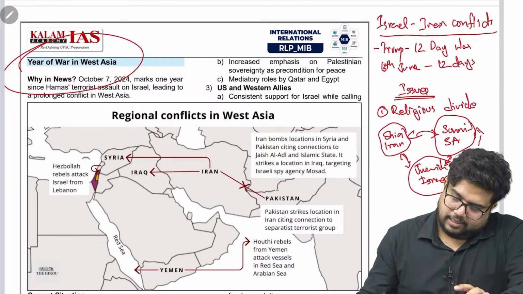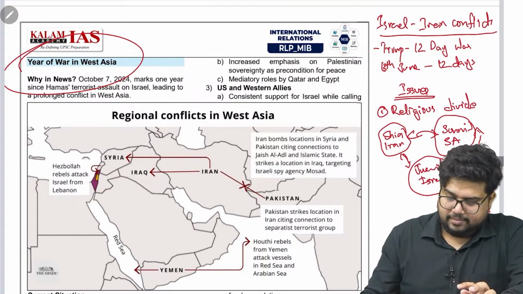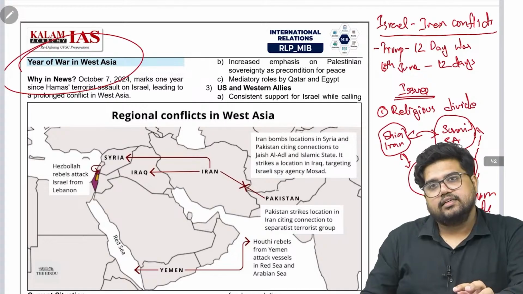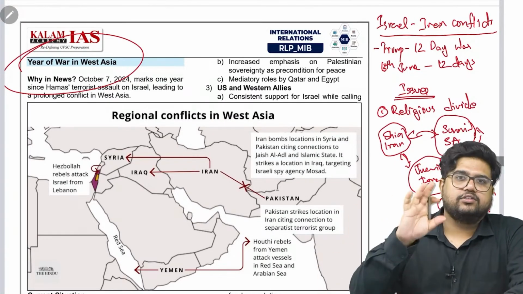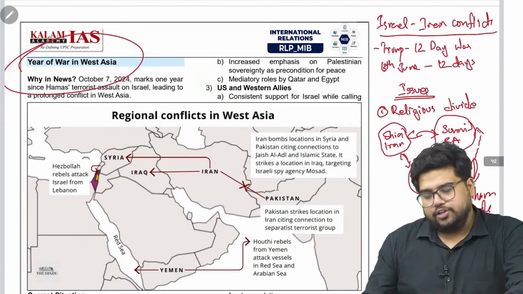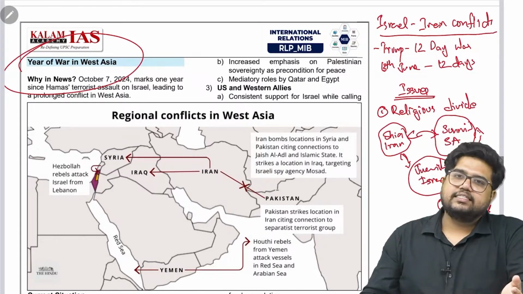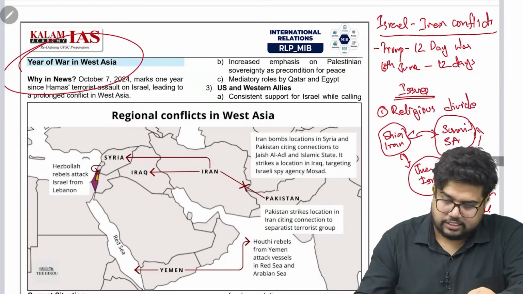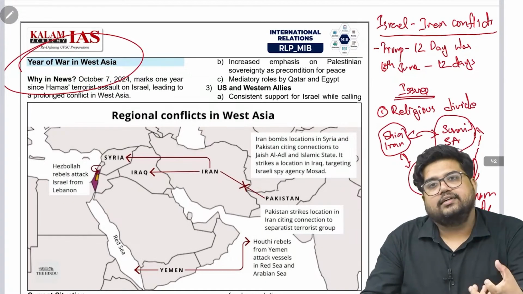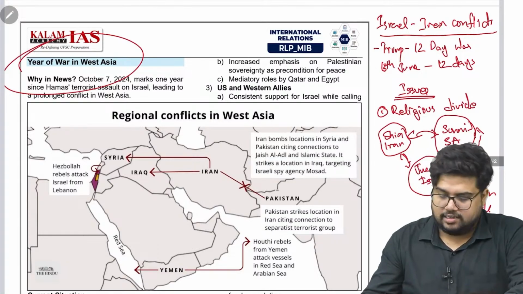This is one development, and its extension you can find in I2U2 and later in IMEC, the economic corridor that starts from India and extends to Europe through West Asia and the Mediterranean Sea. So these are all extensions of the Sunni group led by Saudi Arabia coming close to the Jewish state of Israel.